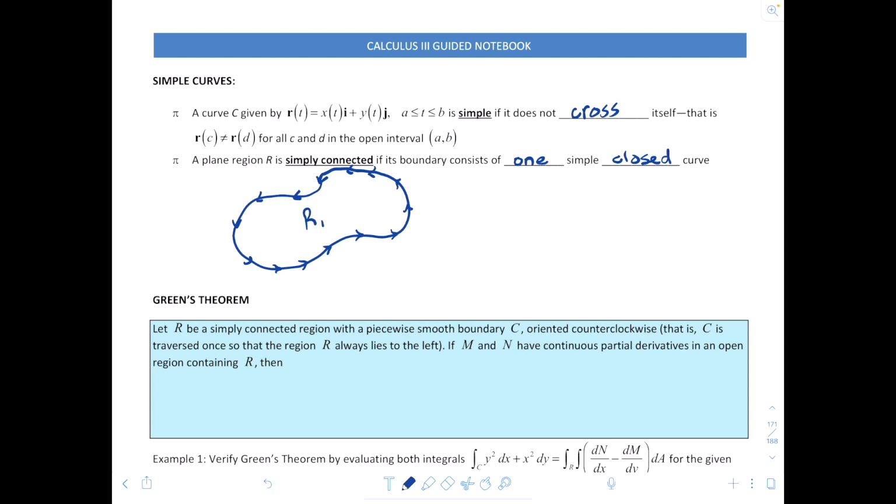And call this region 1, okay? We'll be talking about these regions with Green's theorem. So the simple curve is the outline, right? So this region R1 is simply connected.